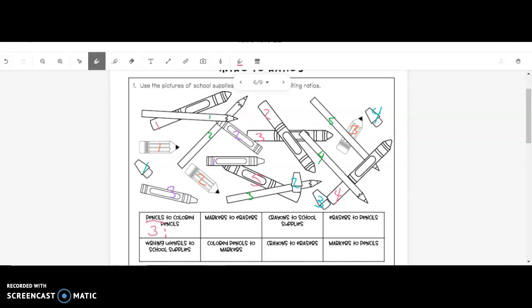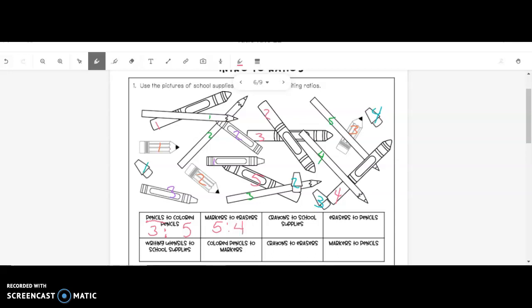And colored pencils, we had 1, 2, 3, 4, 5. So that's a 3 to 5 ratio. Markers to erasers, well, we ended up with 5 markers. And erasers, we have 4 erasers. We've got a 5 to 4 ratio.